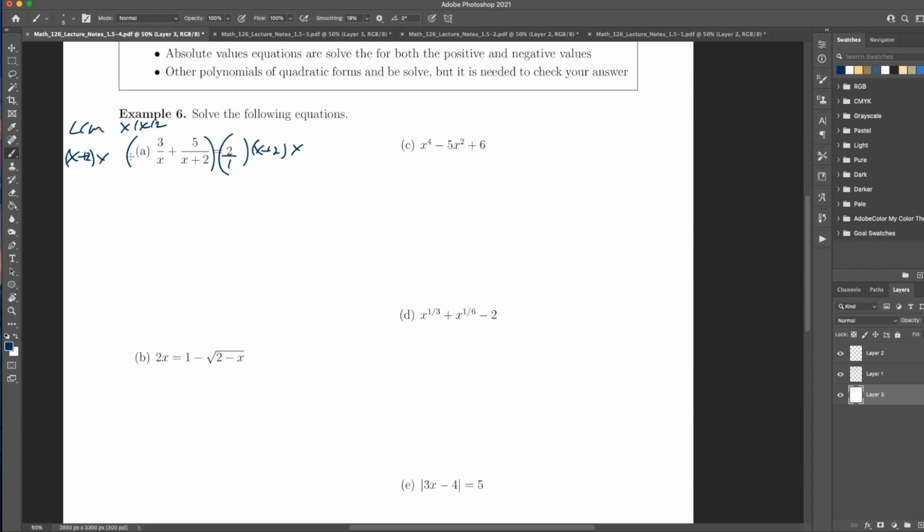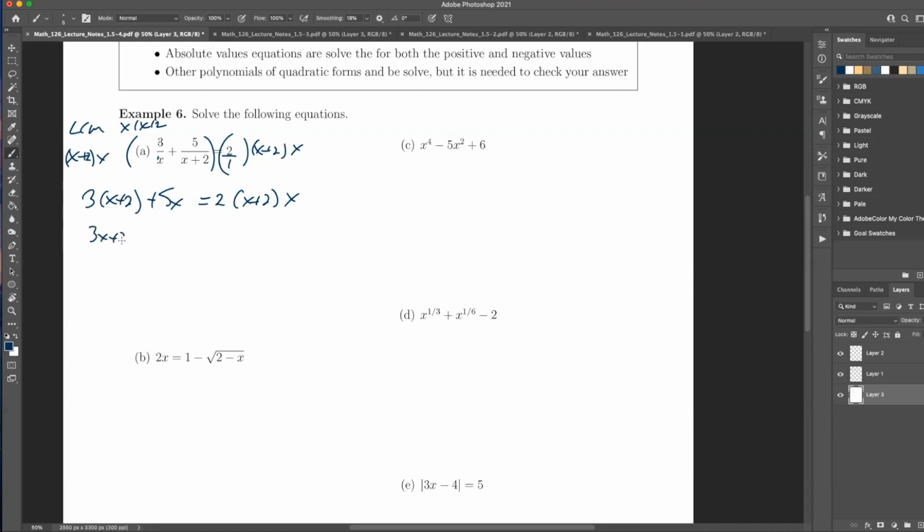So here, 3x times x plus 2 plus x is just 3 times x plus 2. Then 5 over x plus 2: if I multiply by this, notice the x plus 2 and x plus 2 cancel, so I'm just left with 5x. And then I'll have 2 times x plus 2 times x. Then we'll simplify this.